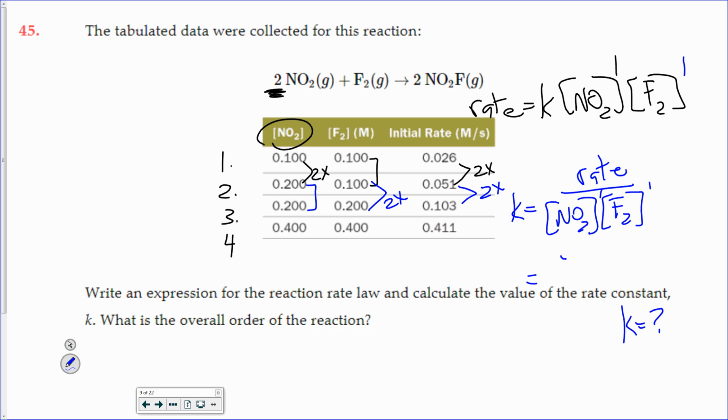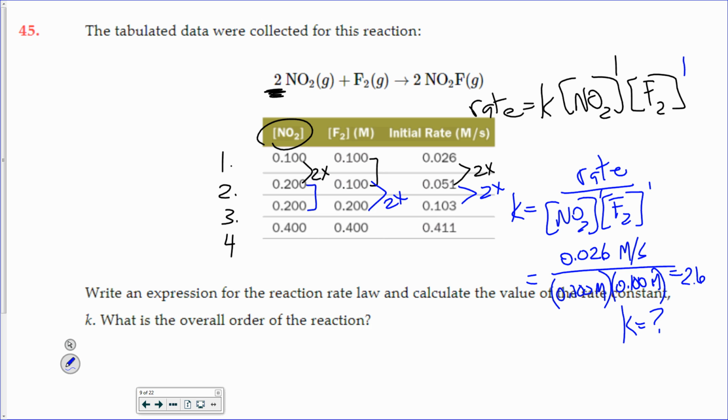I'm just choosing the top one, 0.062 molarity per second divided by the concentration of the NO2, which is 0.1 molar, and the concentration of the F2, which is also 0.1 molar. So I'm dividing by 0.1 twice. So 2.6, right? Yeah. All right, 2.6 is the numerical value for K.